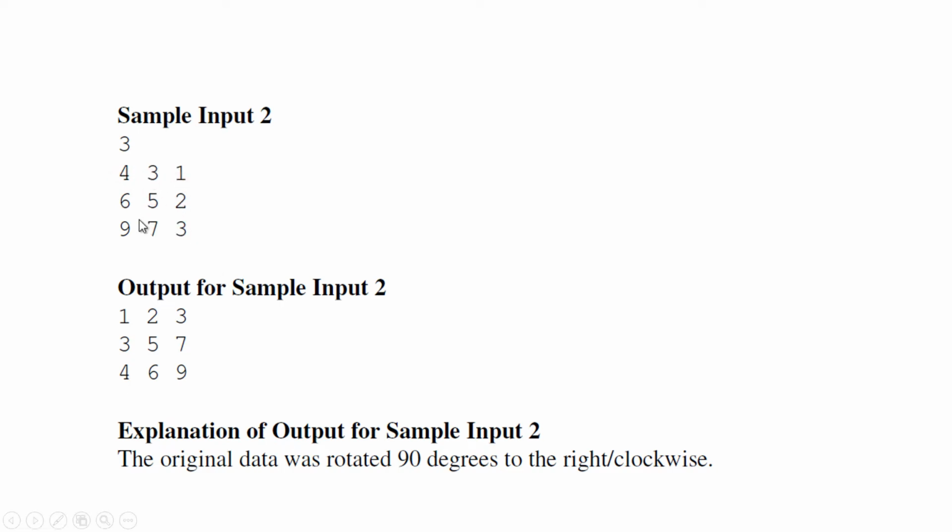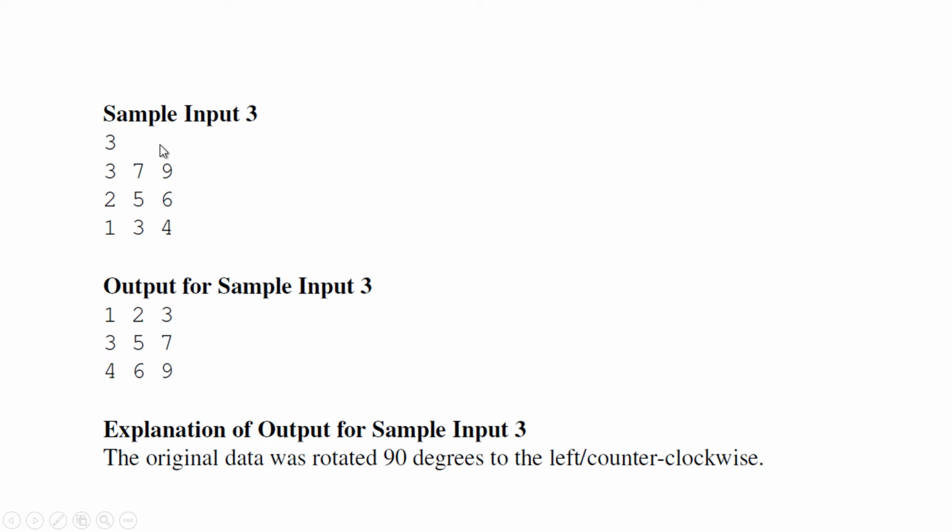So we have to find the original table. So you can see in the output, the original data looks like this. So even column-wise is not the same as in the input. This matrix is rotated for 90 degrees, or 90 degrees plus multiple 360 degrees. It doesn't matter.